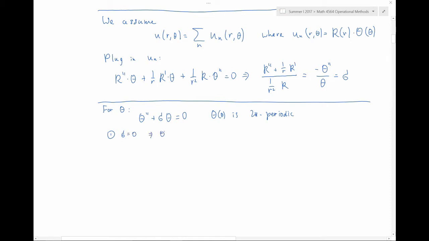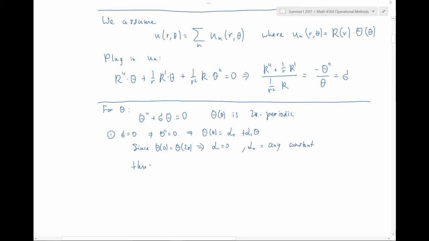This leads to Theta double prime being 0, which means that Theta of theta is just a linear function. Since Theta of theta has to be 2π periodic, this leads to the necessity of the constant alpha 1 to be 0, and alpha naught is any constant.